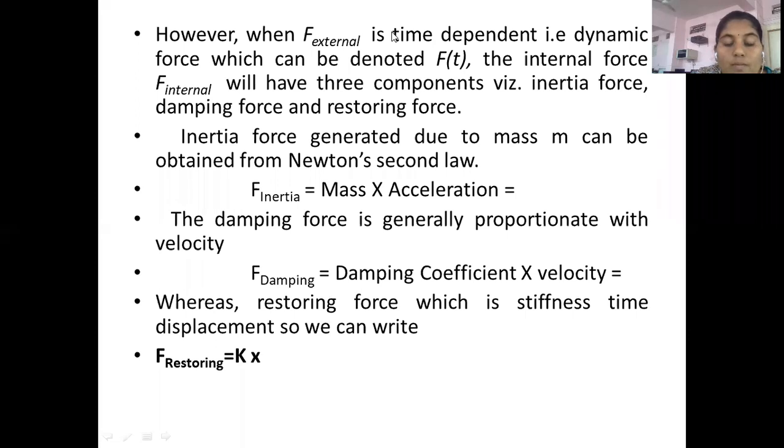Below this, write down F damping is equal to damping coefficient into velocity.